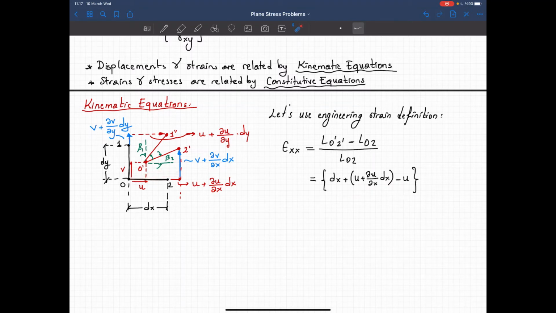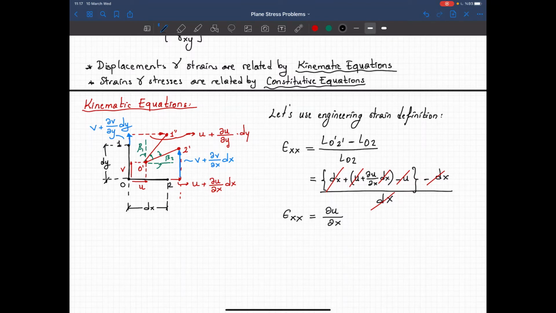Do we all agree? If we agree, then I have to subtract the length of O2, which is equal to dx, divided by the length of member O2. So from that, we see that these u will cancel, these two will cancel, these two will cancel, and I end up with the following equation: epsilon xx, the axial strain, is equal to del u over del x.